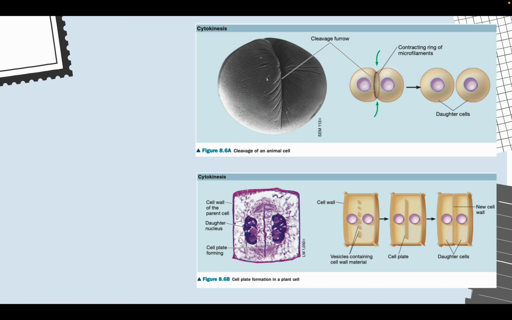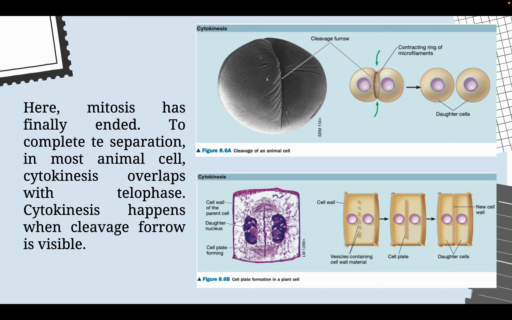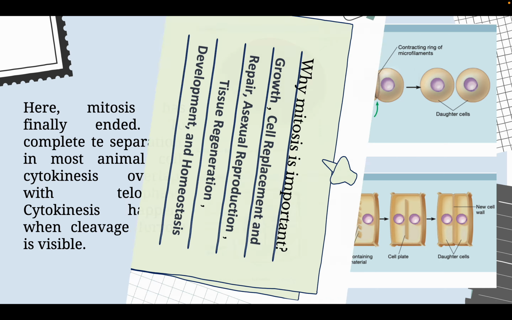No new cell wall is formed, while in plant cells, cytokinesis involves the formation of the cell plate. So vesicles bring material to the center of the cell, forming a new cell wall. This cell wall eventually divides the cell into two daughter cells. Okay, to form the new cell wall, we will use the cell plate. Okay? So that is the end of the mitosis.